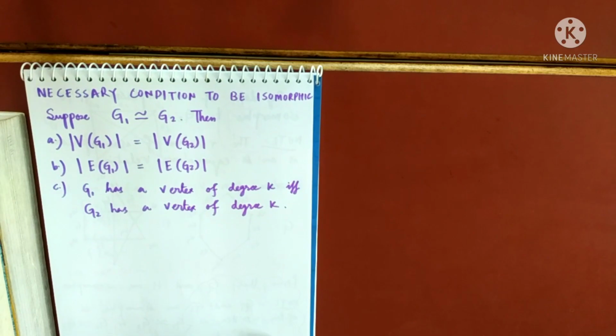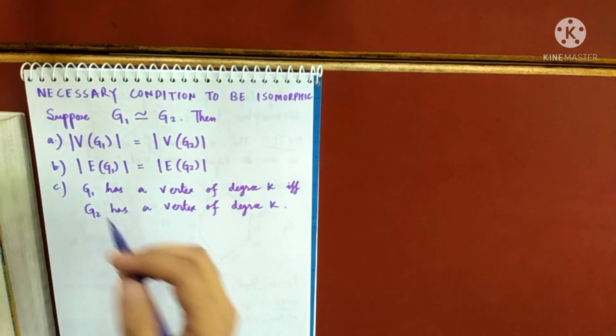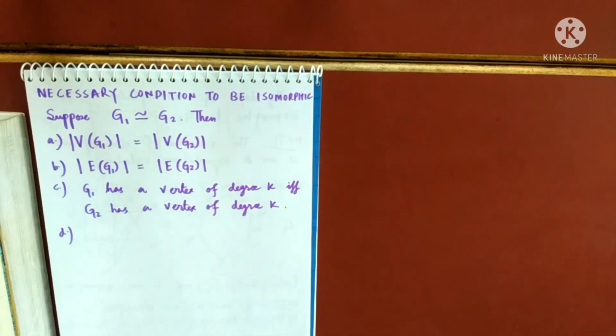So this is another necessary condition. If G1 has a vertex of degree 5, then G2 must also have a vertex of degree 5. So keep that in mind. Again, this follows from the definition. Number D. I'll explain all of these, don't worry. I'm first writing all the possible lists.